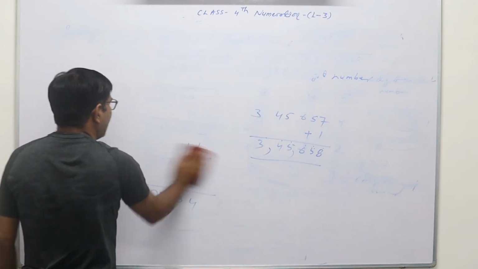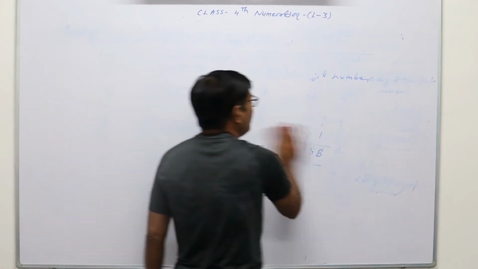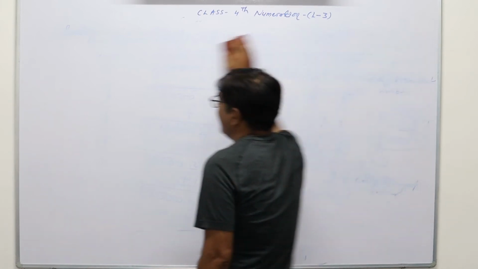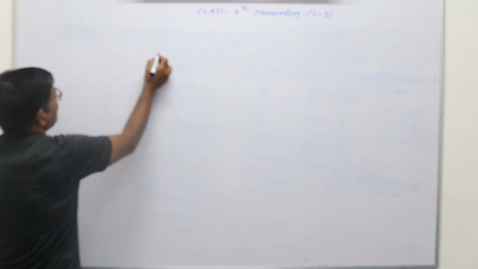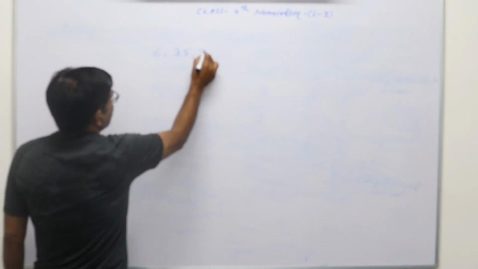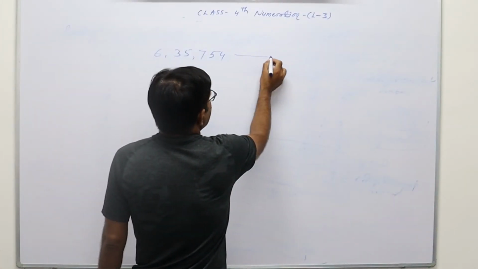Now if a number having 6 digits is given, and we have to represent the given number on an abacus, then how will we represent it? Let us suppose a number is given: 6,35,754, and this is a number having 6 digits.